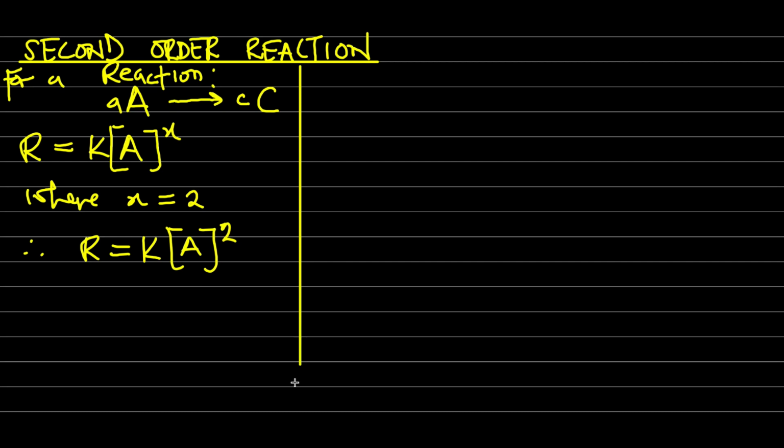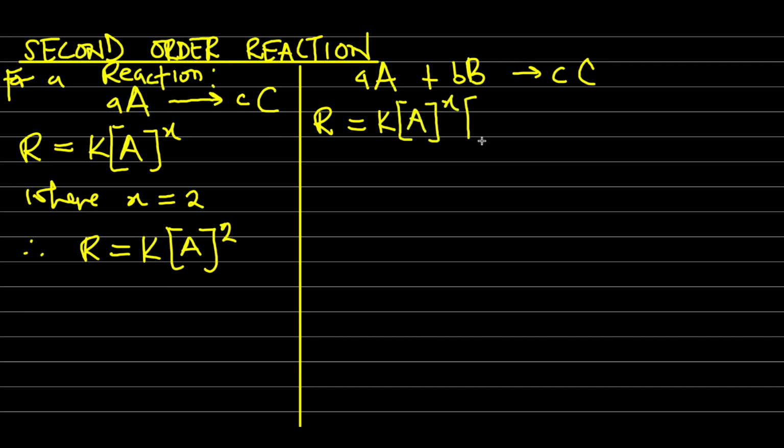What if you have one that has 2 reactants? For example, we have A plus B giving us C. So the rate here becomes equal to K[A] to the x, [B] to the y. Now for a second order reaction, x plus y is equal to 2.